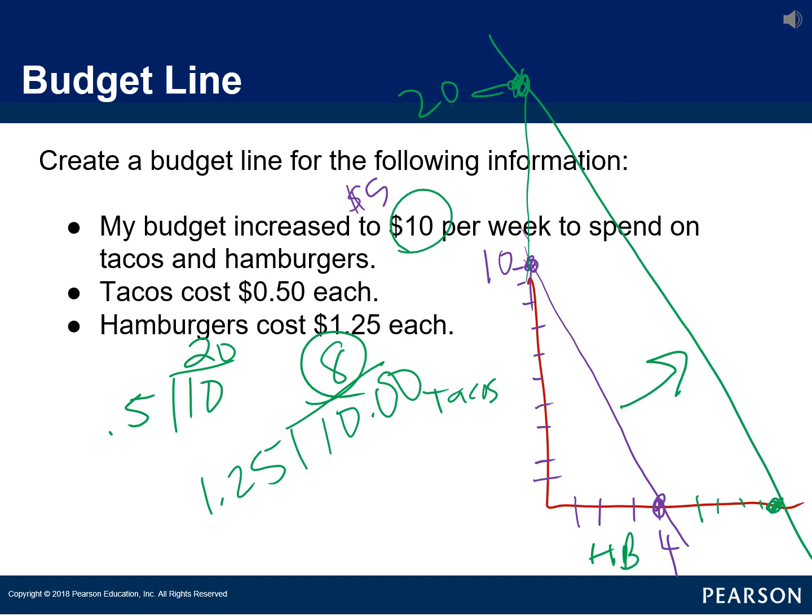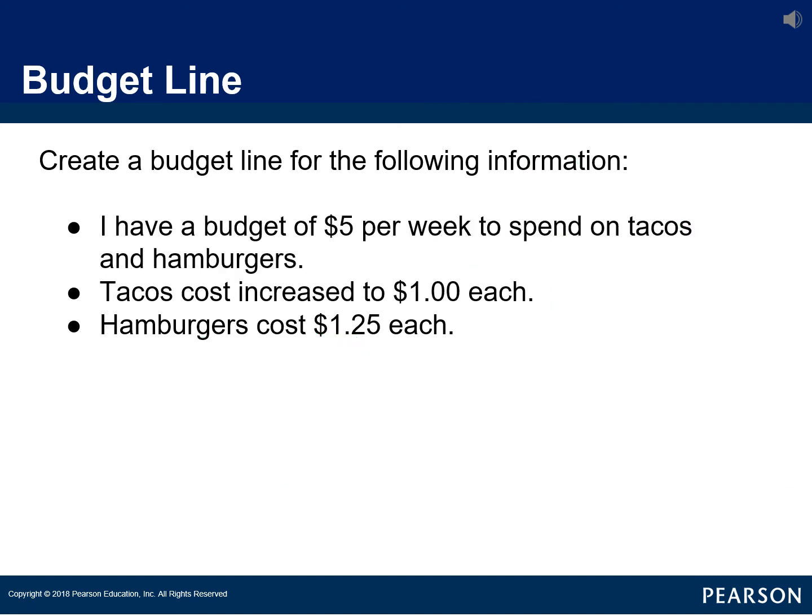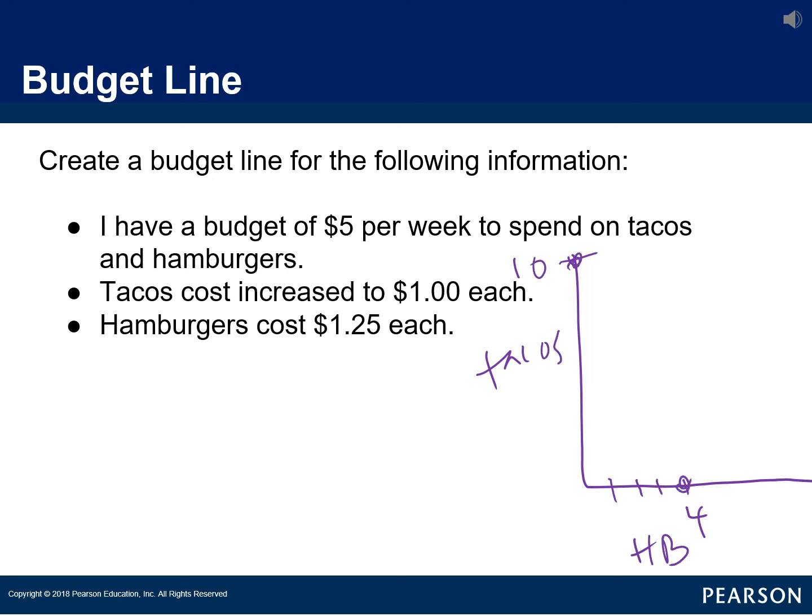Okay. Third example we have here, I also want to keep our original budget line. We had the 1, 2, 3, 4 hamburgers we could afford, and then 10 tacos. That was our original line. Now something happened. The cost of tacos increased to $1 each.